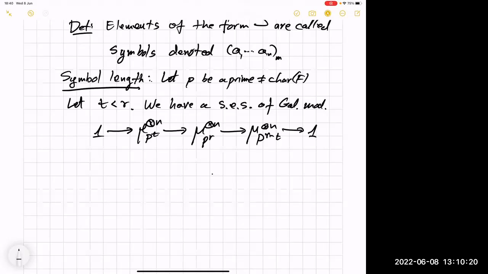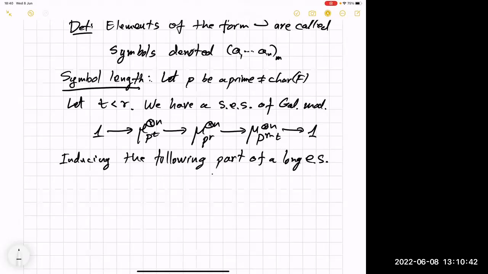And this exact sequence induces the following part of a long exact sequence. The part I'm going to use I'm going to denote as 1.